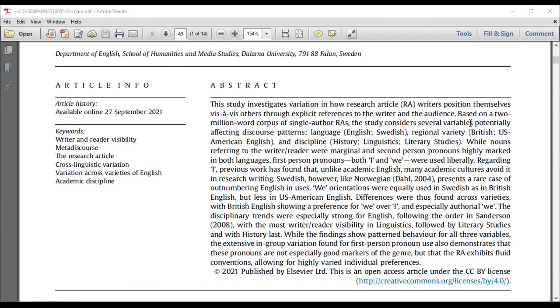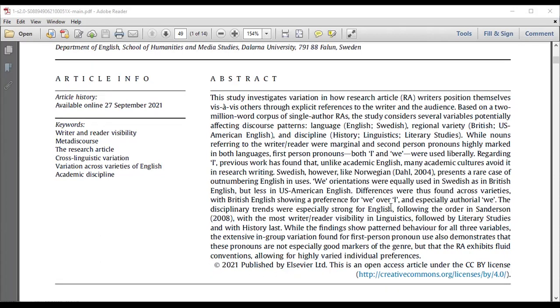The study considers several variables potentially affecting discourse pattern. So these are already findings. The method is only based on a 2 million word corpus of single-author research articles. Differences were thus found across varieties, with British English showing a preference for we and I, and especially authorial we.